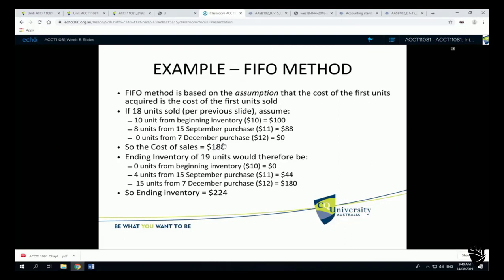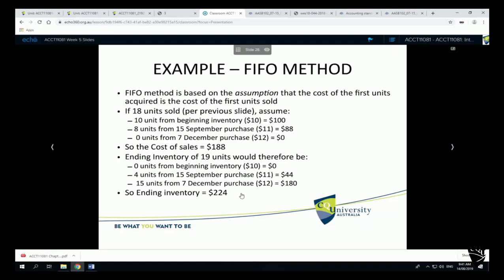This means then that we'd have nothing left from the beginning inventory, only 4 units left from our 15th September purchase at 11, and we'd have all of the units left from our second purchase on 7th December at $12 each. So the value of our ending inventory is $224. It's the 4 units from our first purchase and all of the units from our second purchase in the period.